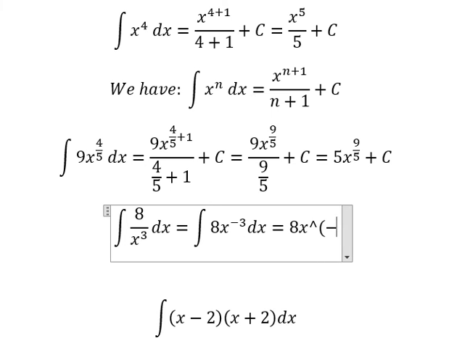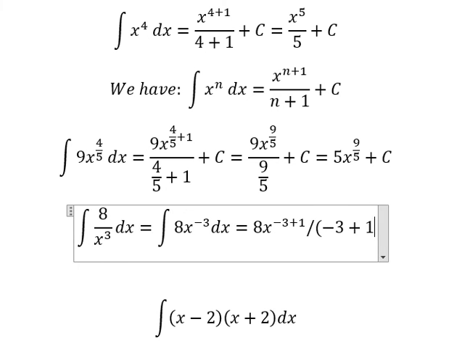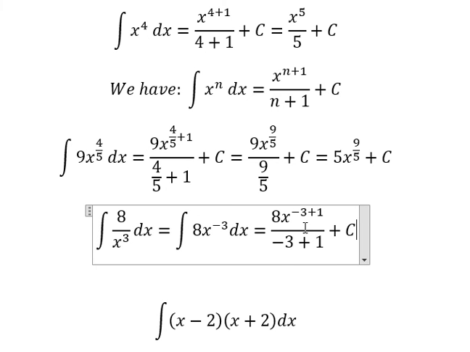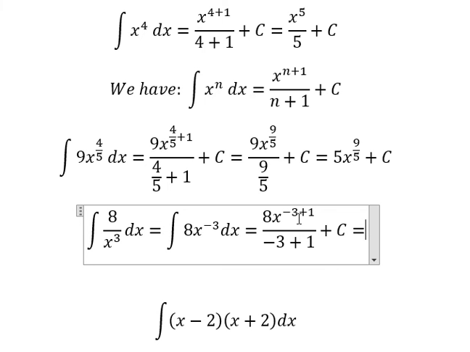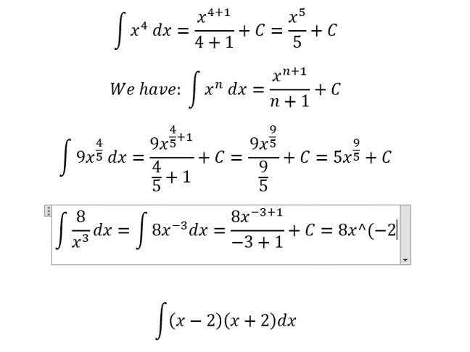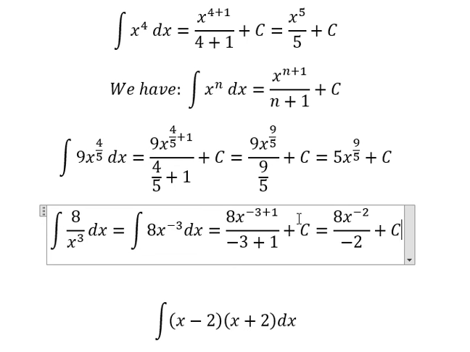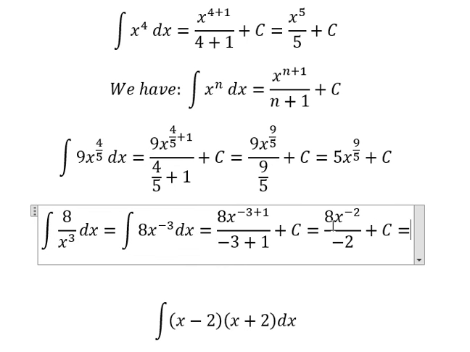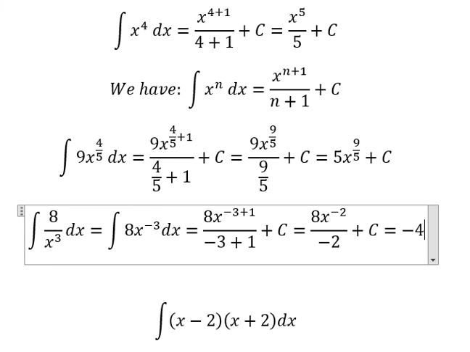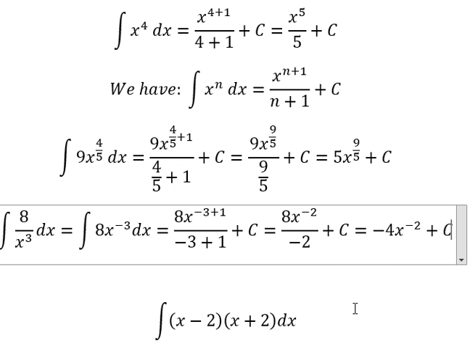And we have negative 3 plus 1 over negative 3 plus 1, and we put plus C. So this one you get x to the power of negative 2 over negative 2, and we put plus C. 8 divided by negative 2, you get negative 4, and we put plus C.